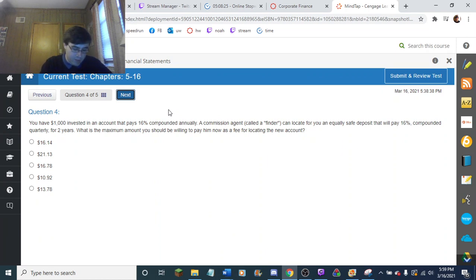So you have $1,000, and it's for 2 years, and the effective interest rate is 16.99%. So now calculate the future value, and you end up with 1368.67.